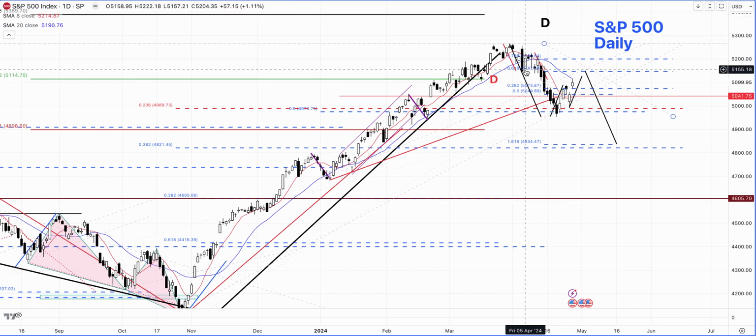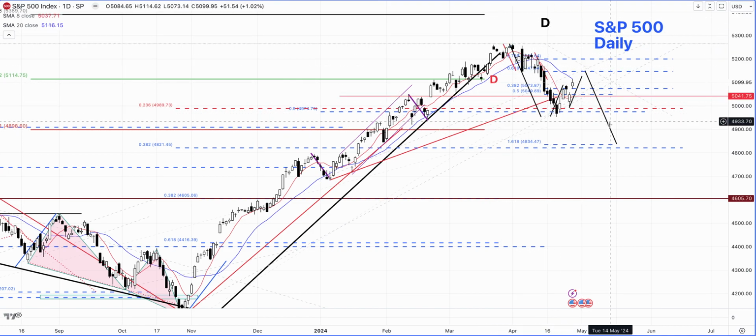So that could be one possible way the market could unfold in an ABCD formation if the correction is to continue.